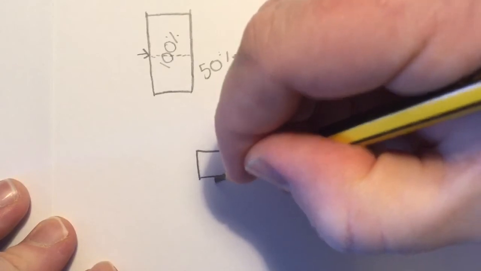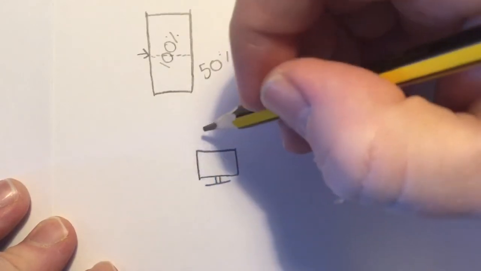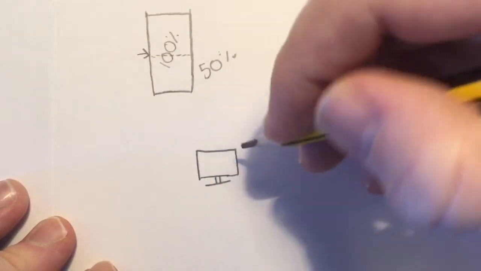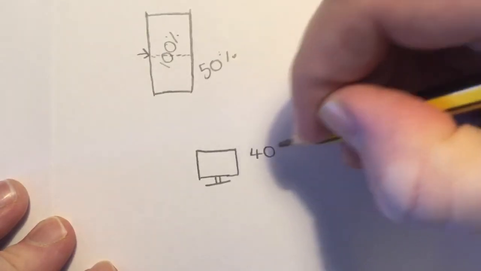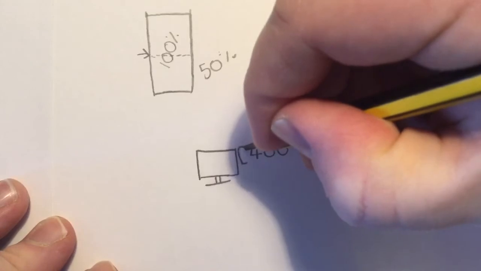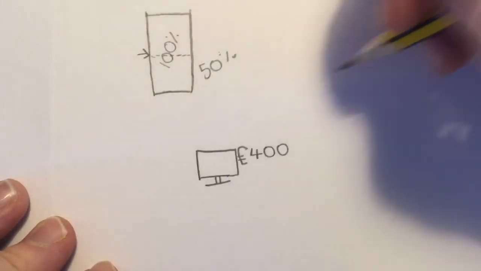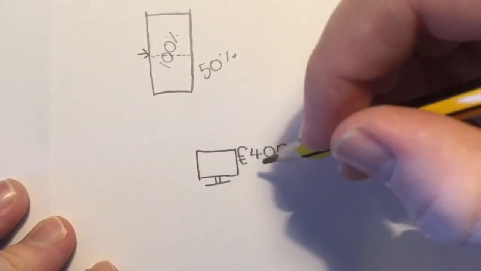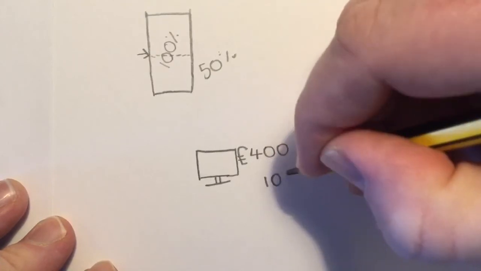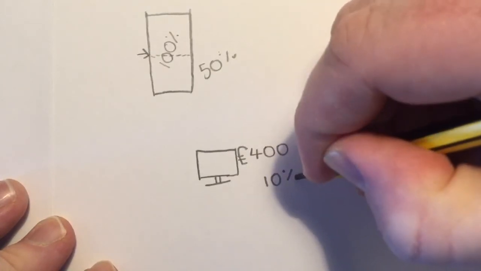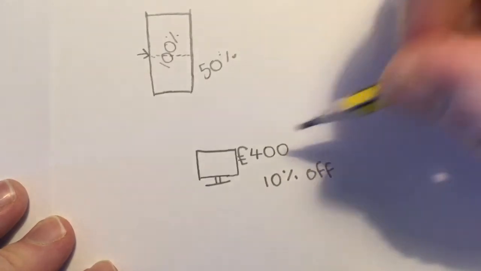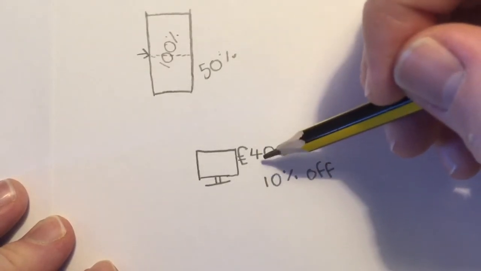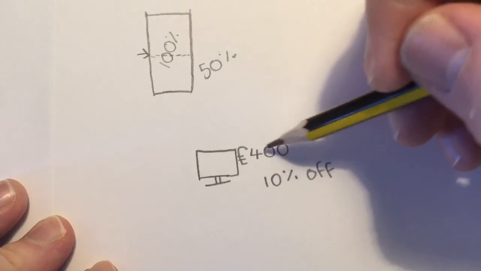Here's our telly. I'm going to buy a new TV, and it's £400, but we're going to be getting 10% off because it's on in the sales. Now we need to work out what 10% of 400 is going to be.